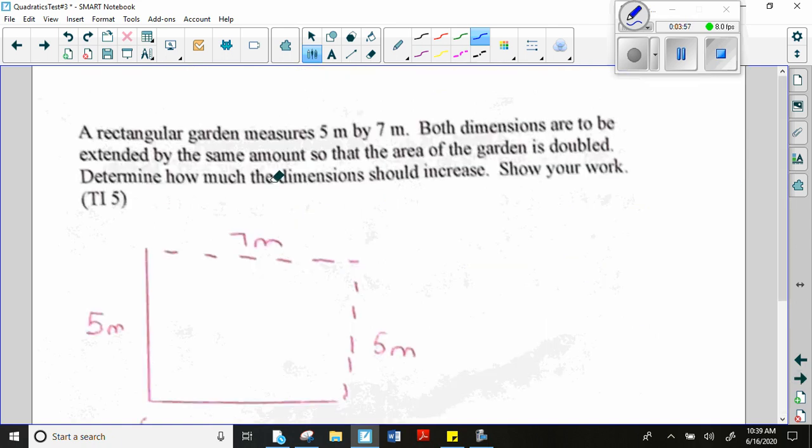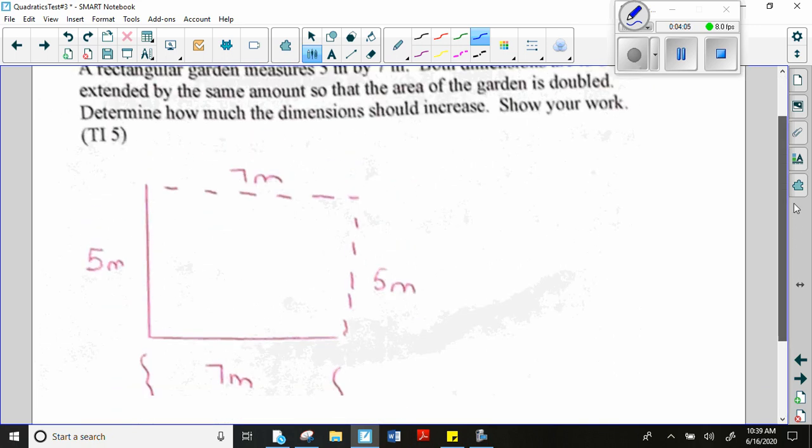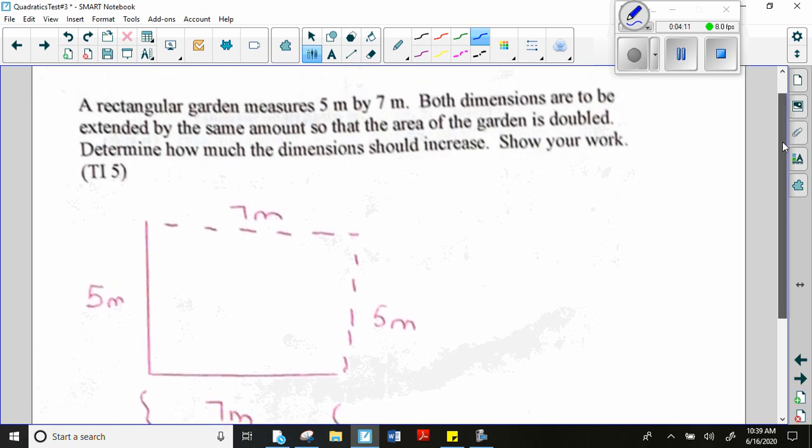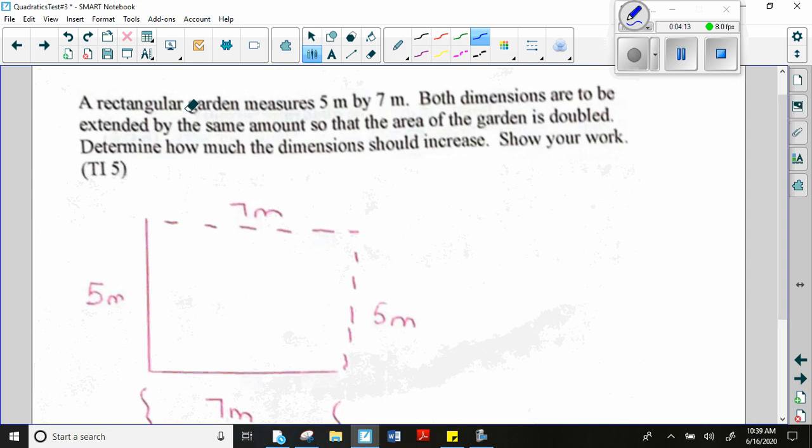Okay, keep going. A rectangular garden measures 5 by 7. Both dimensions are to be extended by the same amount. Oh, this is horrible. Okay, I love this question. It's an awful question. There's no way any grade 10 ever figures this out on their own. But it's an awesome question.